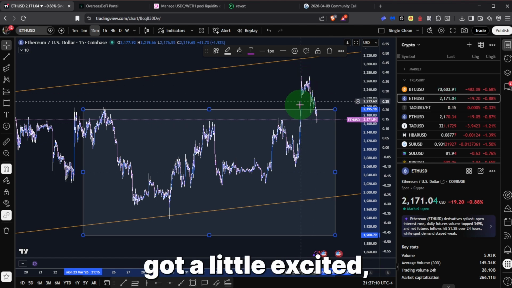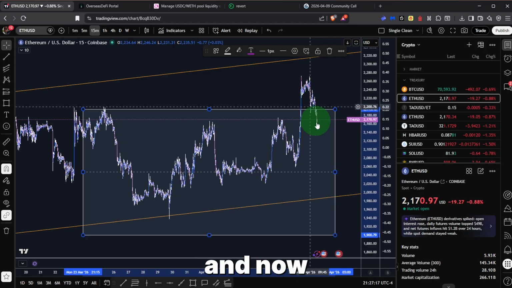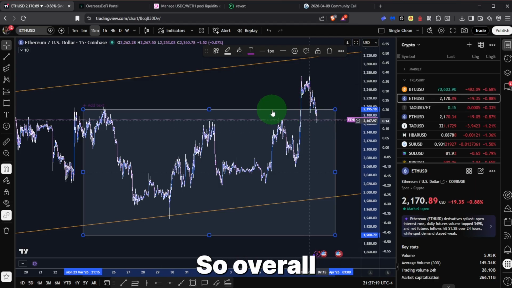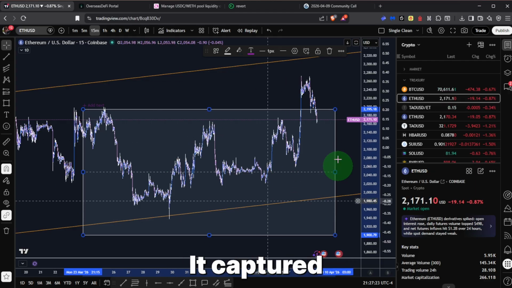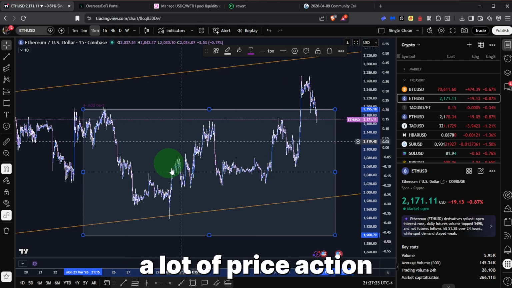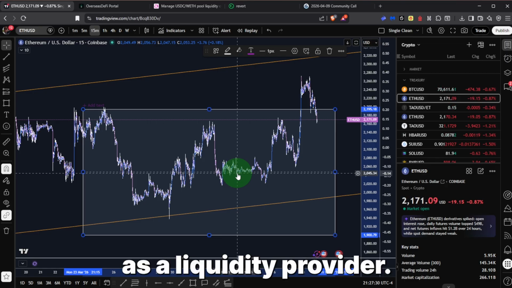So the market got a little excited, price poked up above the top of my range, and now it's pulling back a little bit. So overall, I'm happy with this range. It did its job. It captured a lot of fish, captured a lot of price action in the net here. And that's what we want to do as a liquidity provider.